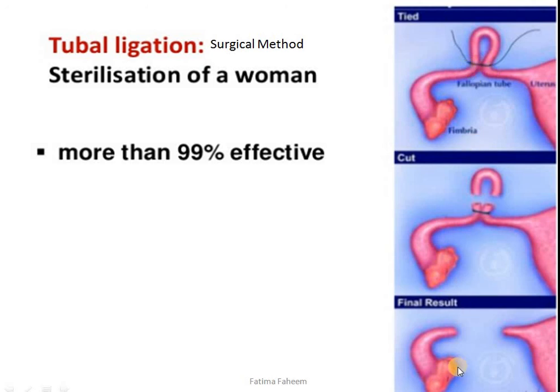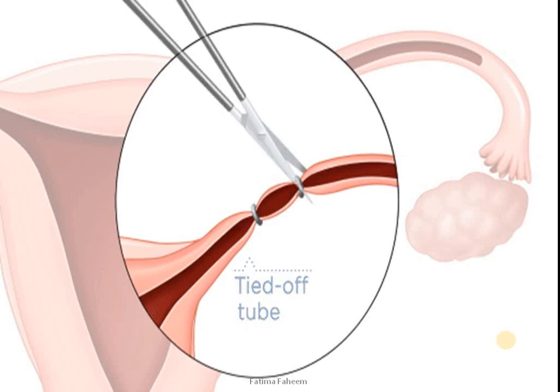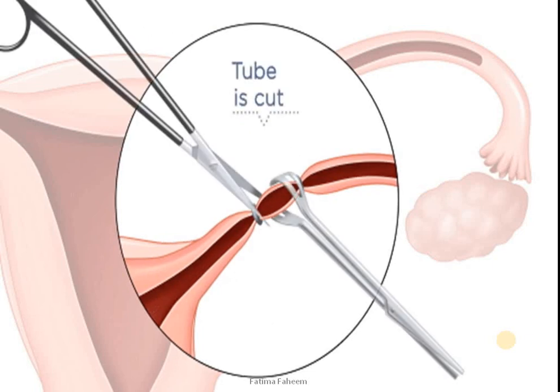The final result ensures that the egg never reaches into the uterus or even in the oviduct. This is the method which is showing you how it is tied off. The tube is tied off and cut. So eventually there is no traveling of the egg from the ovary into the oviduct.